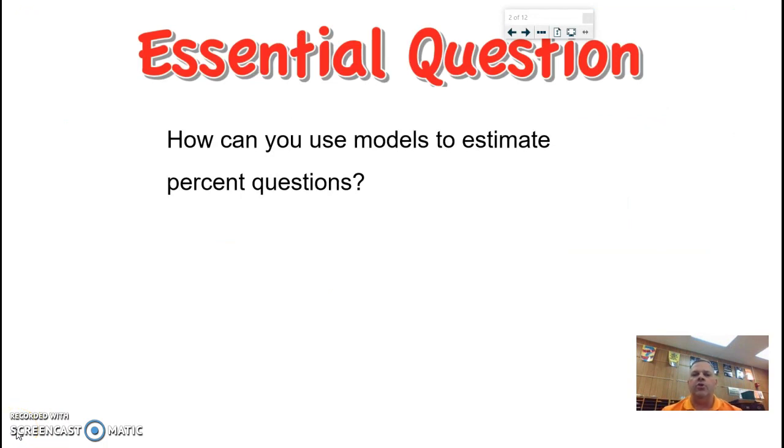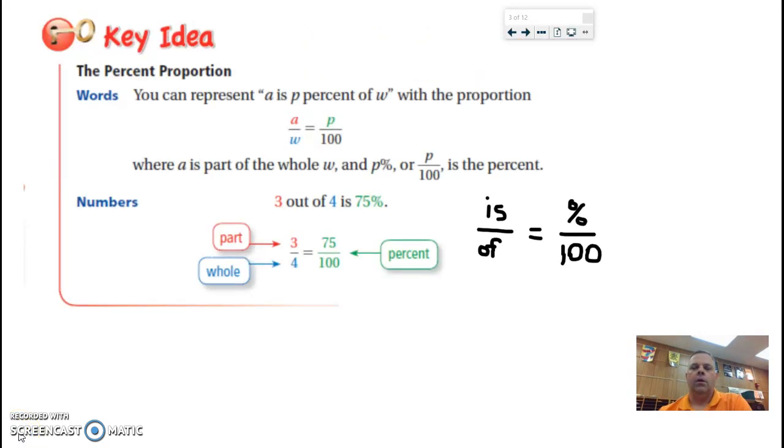Today, our essential question is, how can you use models to estimate percent questions? We will also be doing a proportion so that we can solve percent problems using a proportion. The key idea that we will be talking about today is the percent proportion.